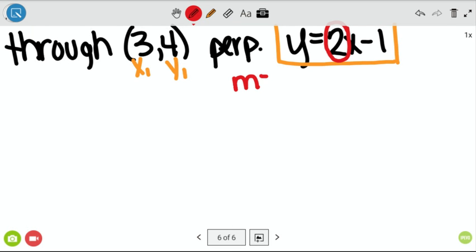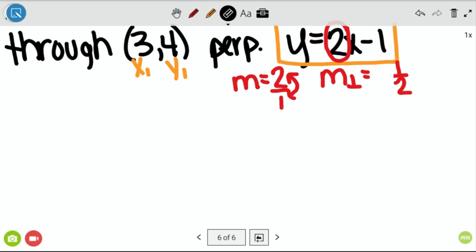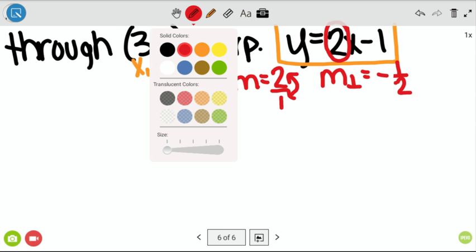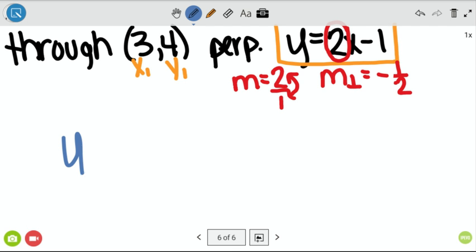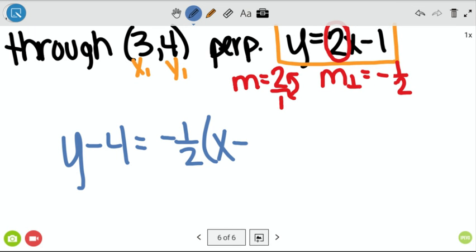So to do the perpendicular slope, it's the opposite sign. The equation that I gave you was a +2, so this will be a negative. And then you flip that fraction, because whole numbers are always over 1. So it's going to end up being -1/2. So we're going to use -1/2. So then to write your equation, we're going to go with y minus 4 equals -1/2 times x minus 3.